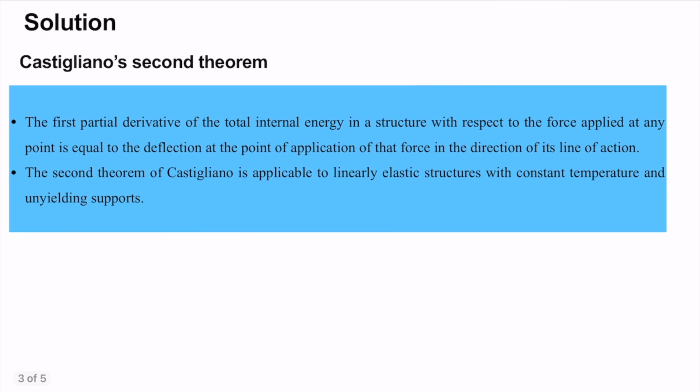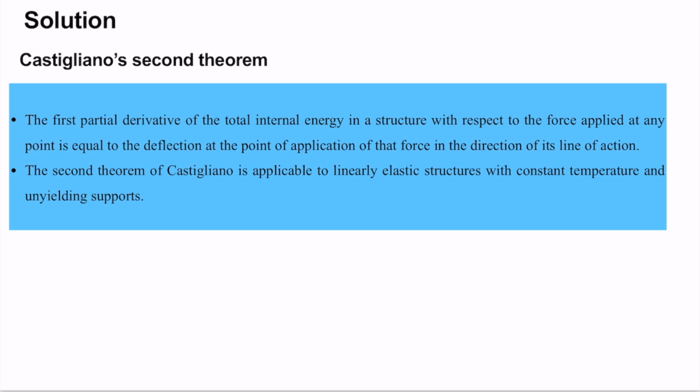Option number 2 is directly taken from Castigliano's second theorem, which says that the first partial derivative of total internal energy, or the strain energy, in a structure with respect to force applied at a point is equal to the deflection at that point of application of force.